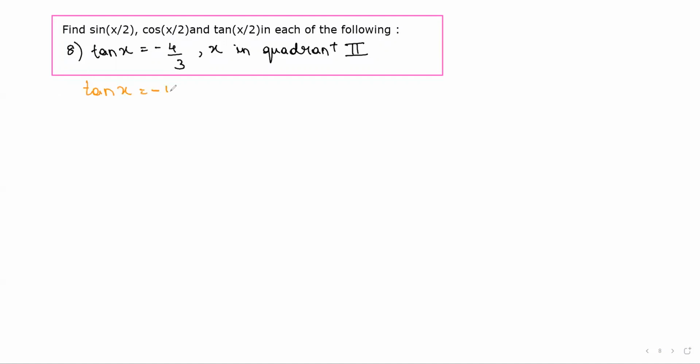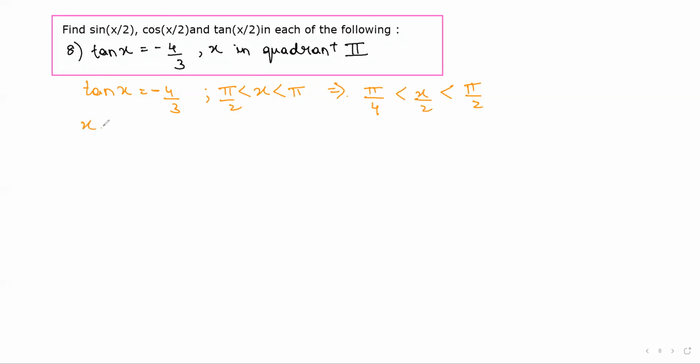Tan x is given as minus 4 upon 3, and x is in the second quadrant. Sorry, if x is in the second quadrant, then x lies between pi by 2 and pi. Means you have to find for x by 2 angle, half angles. So dividing by 2, pi by 4 is less than x by 2, which is less than pi by 2.